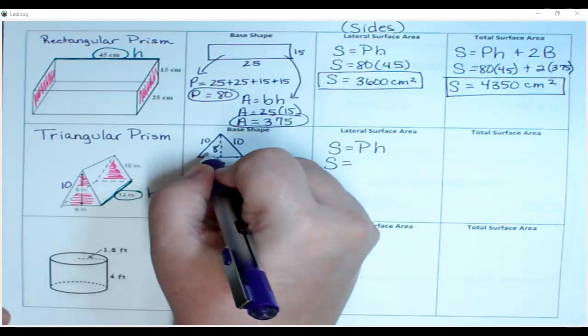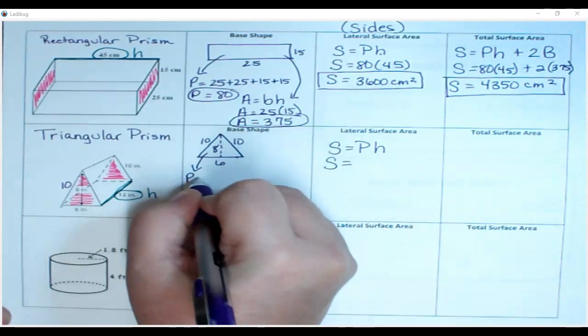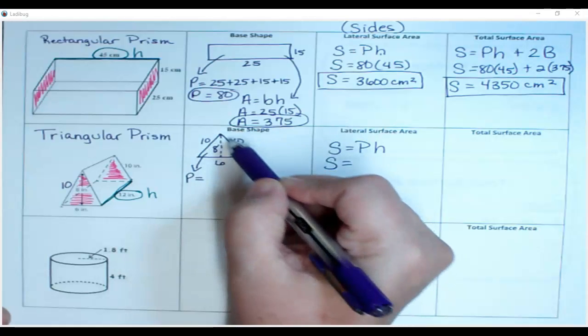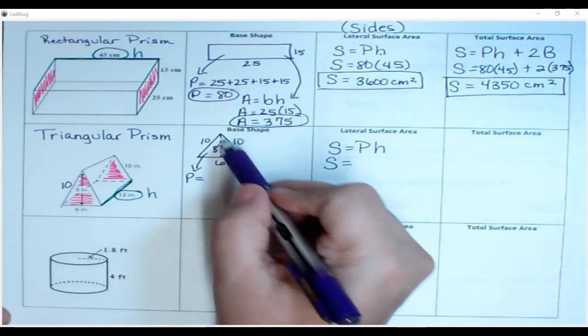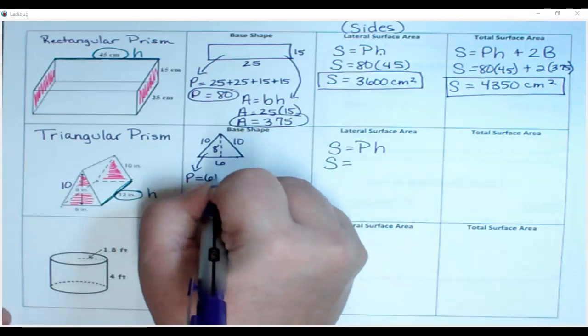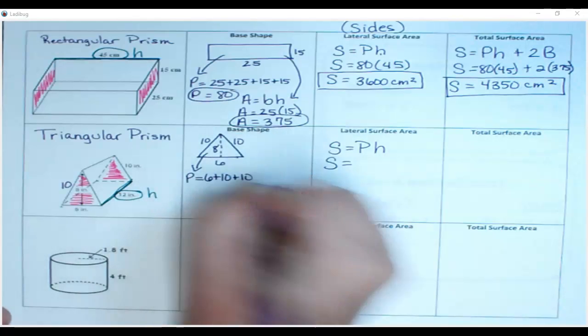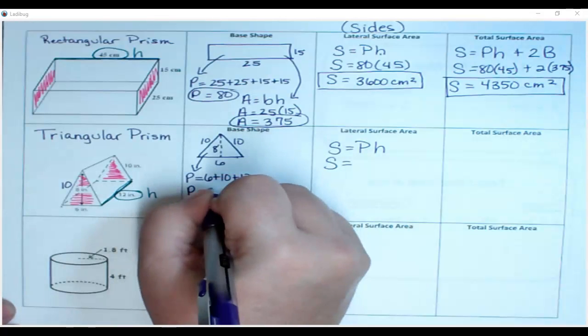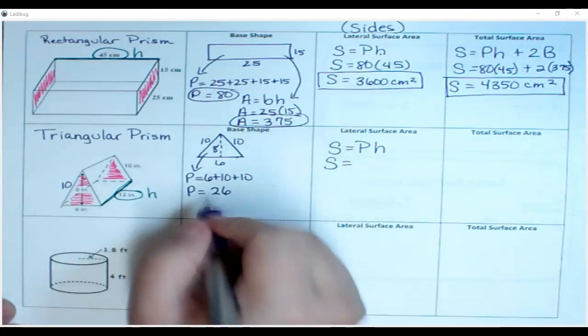Capital P is perimeter of the base. Perimeter is the distance around the outside. So I'm going to add the 6 plus 10 plus 10. So all of those, the perimeter is 26.